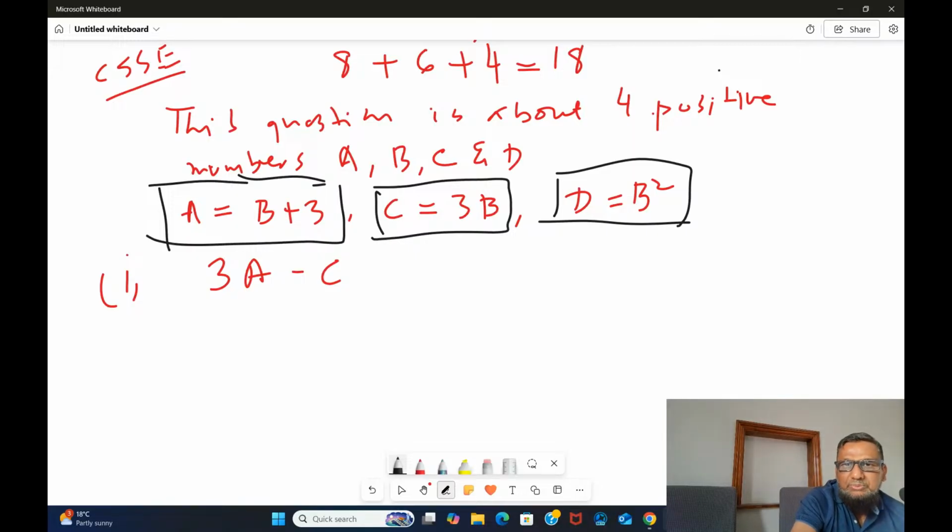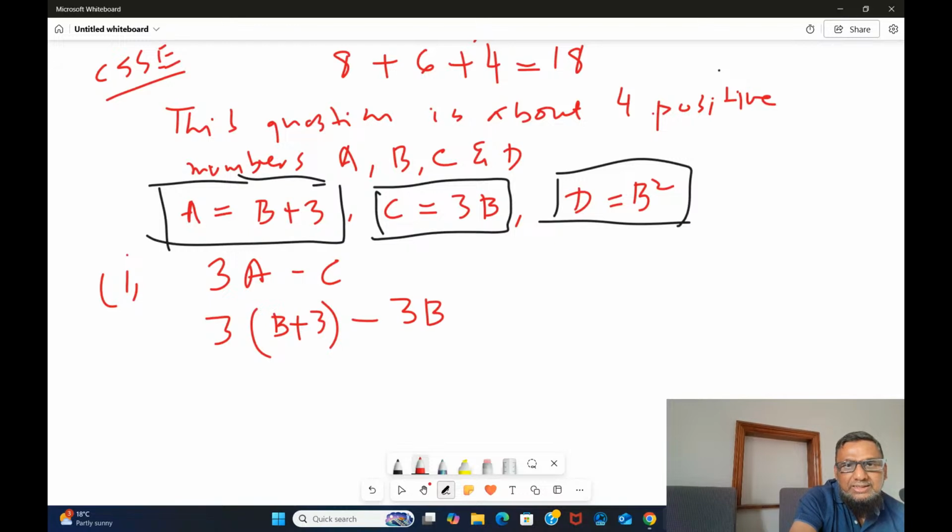So what are the numbers we are finding? What you're going to do is, 3 times the value of A, which is b plus 3. Instead of writing A, I'm going to write b plus 3, and then minus c. The value of c is 3b.